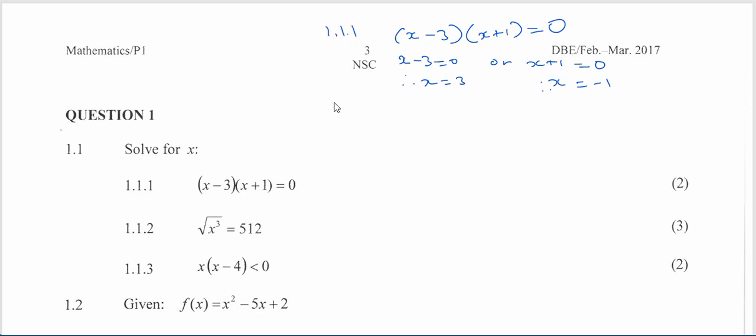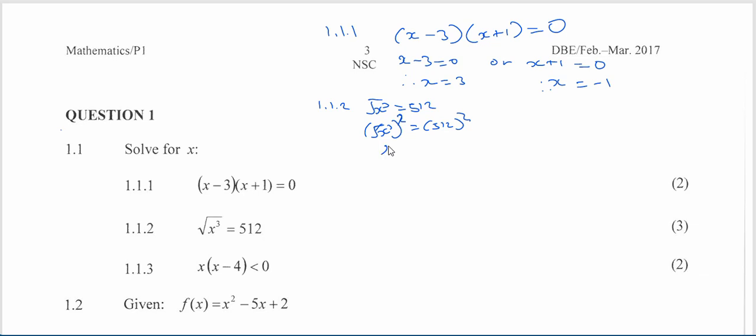So let's do our 1.1.2, which says root of x cubed equals 5 what? 2. So here we're going to apply square on both sides. These two are going to cancel.